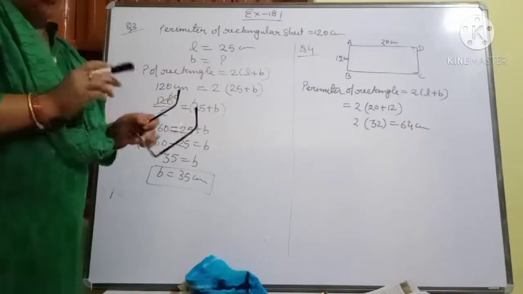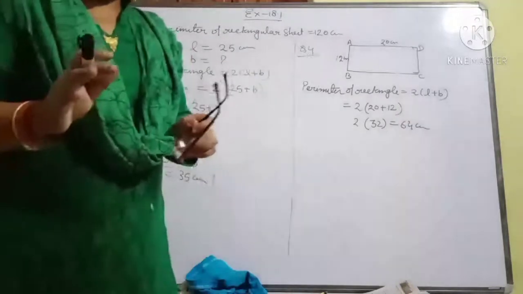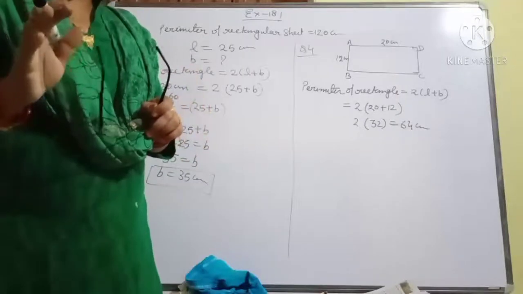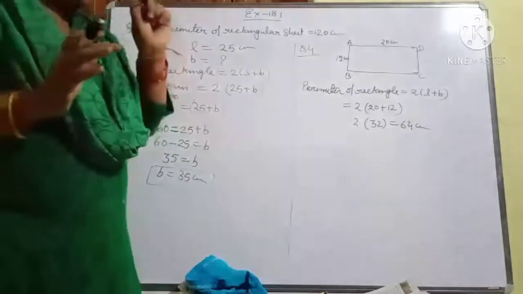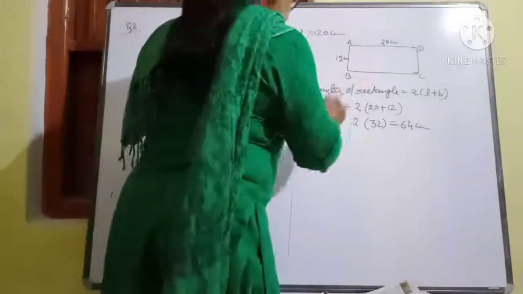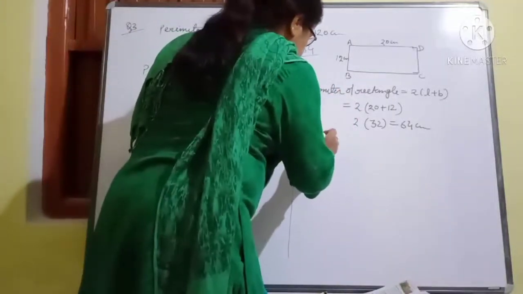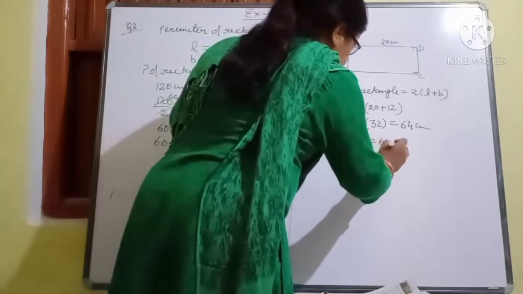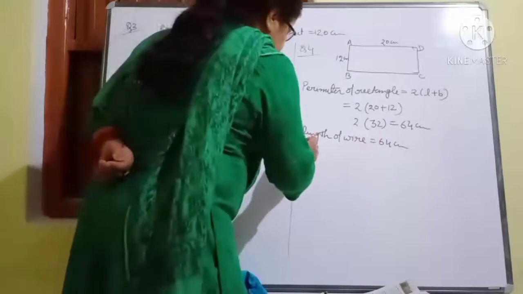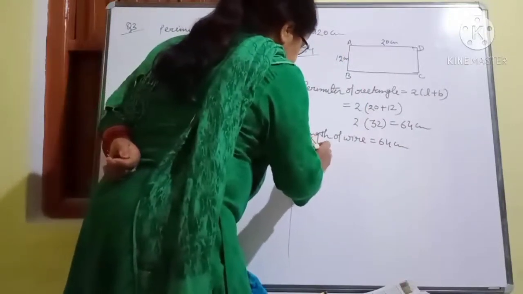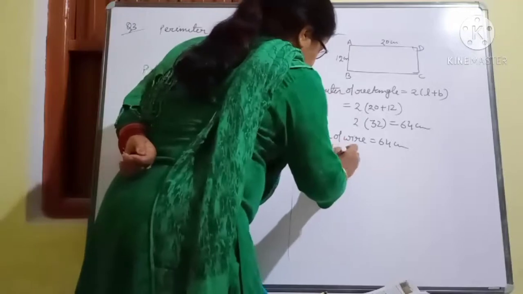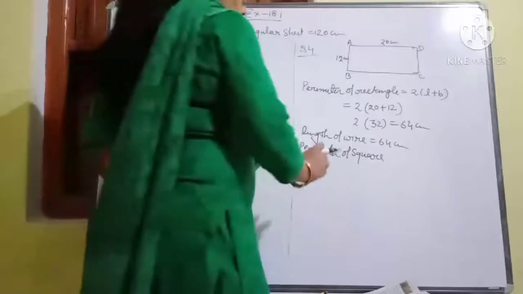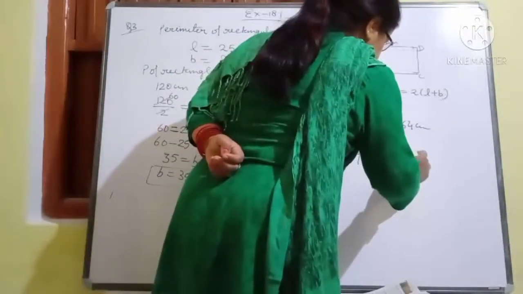Okay, now this wire is reshaped in the form of a square, and this time we have to find the side of the square. Now see, the length of the wire is 64 centimeter. It means the perimeter of the square, because by this wire we are forming a square, will be 64 centimeter.